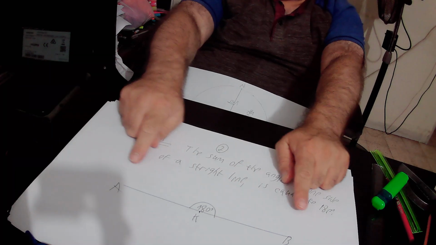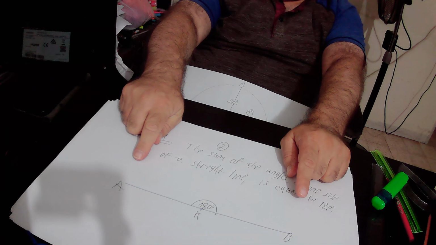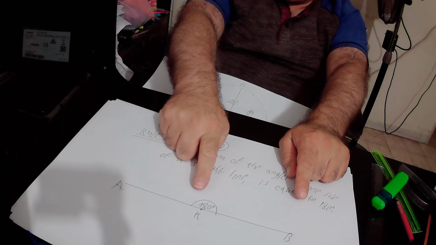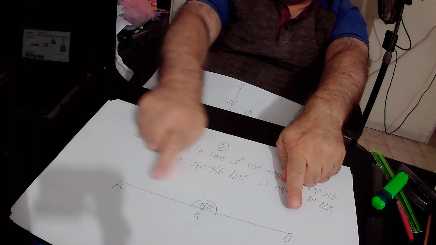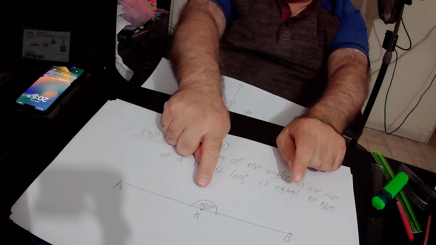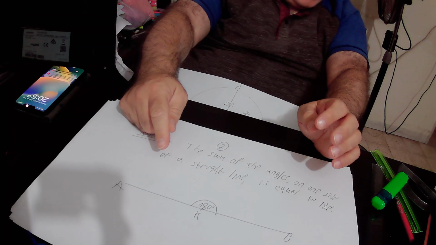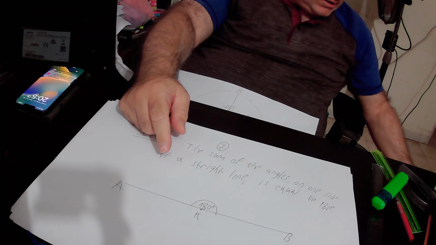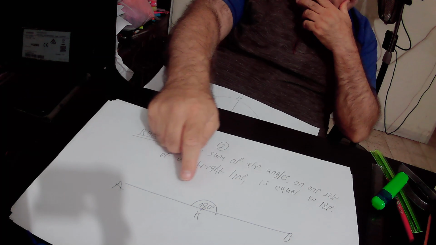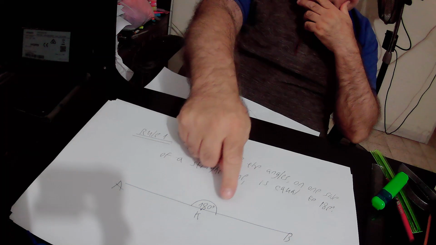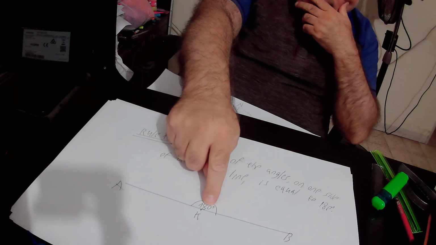If AB is a straight line, and we focus at point K, if we focus on the upper side of point K on the straight line AB, the sum of the angles must be equal to 180 degrees, according to rule number 1. That is to say, the sum of the angles on the upper side of AB, here it is 180 degrees.